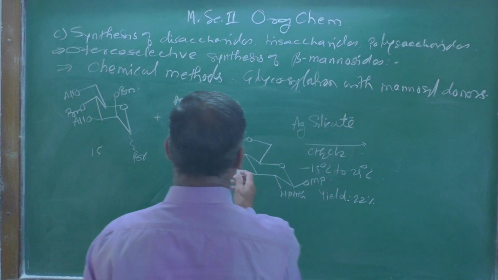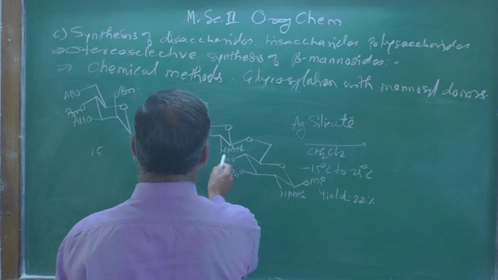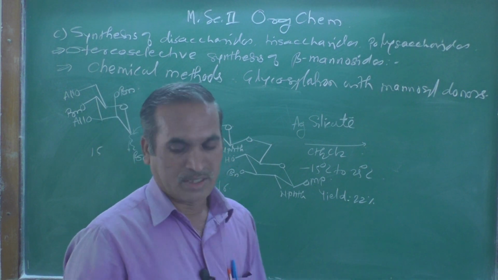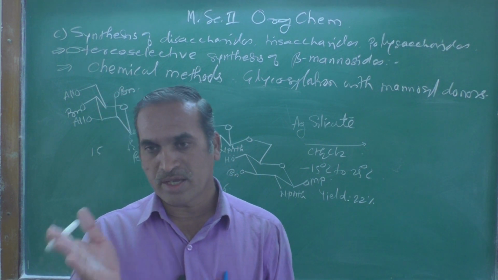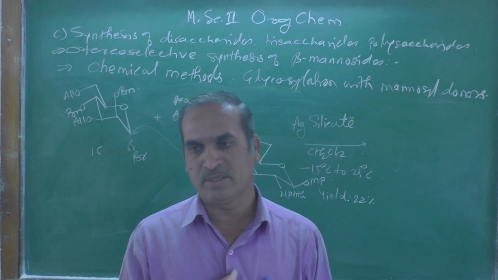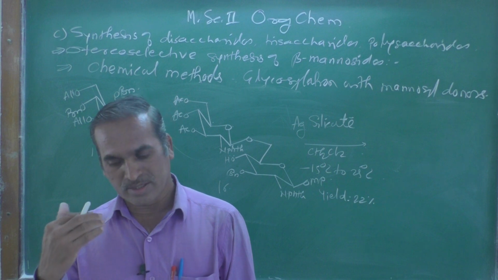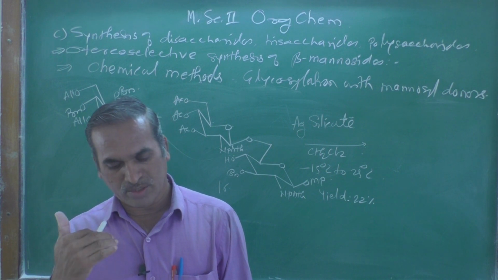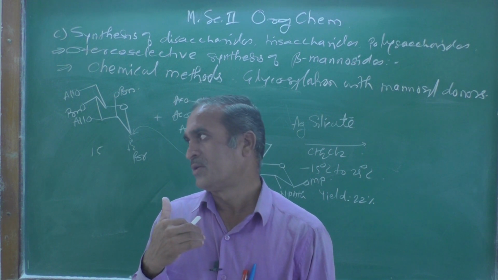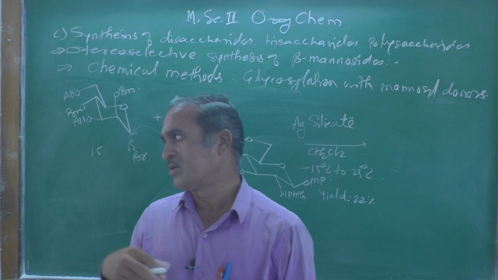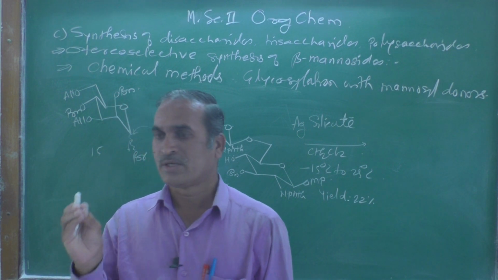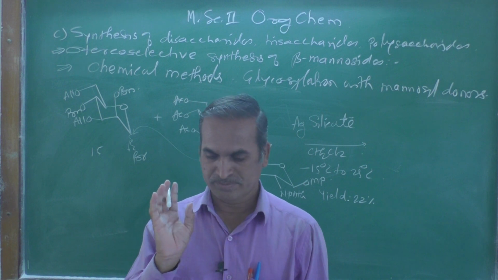Now here, what is going to happen? This hydroxyl group is going to attack from this side. This reaction is once again an SN2 type reaction, the nucleophile approaches from the back side, and the leaving group, in this particular case, suppose it is at the axial position, the incoming group should stay at the equatorial position.